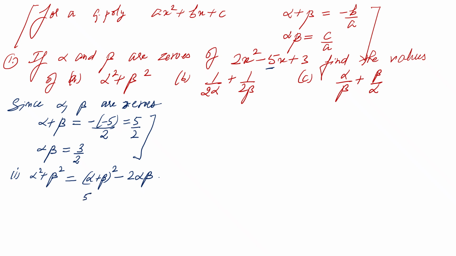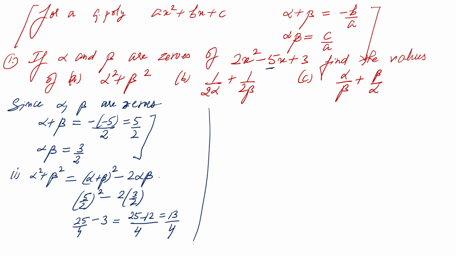This is equal to 5 over 2 raised to power 2 minus 2 times alpha into beta, which is 3 by 2. If you solve this, it will be 25 over 4 minus 3. So this will be equal to LCM 4, 25 minus 12, which is equal to 13 upon 4, right? So this is the correct answer.